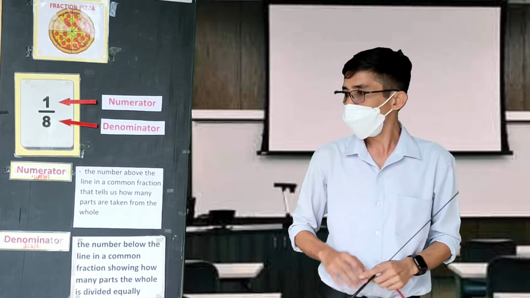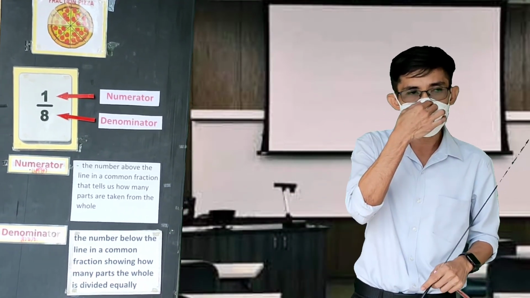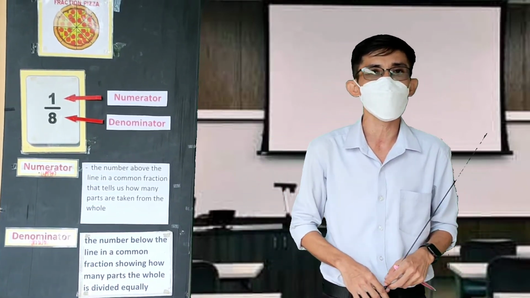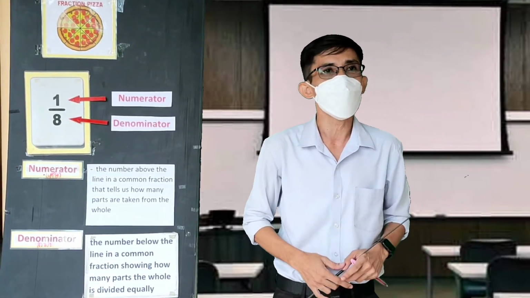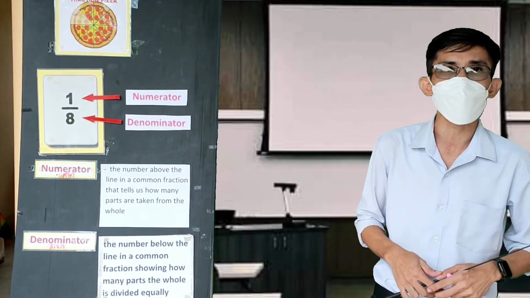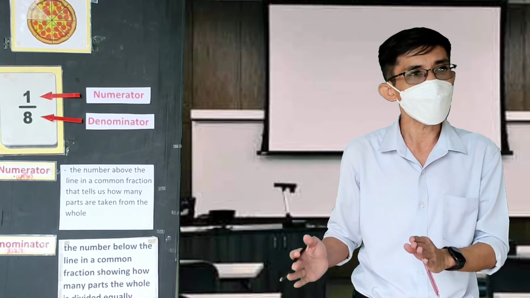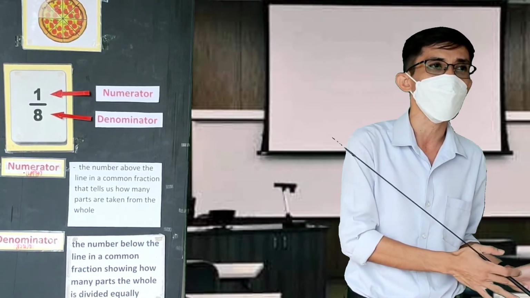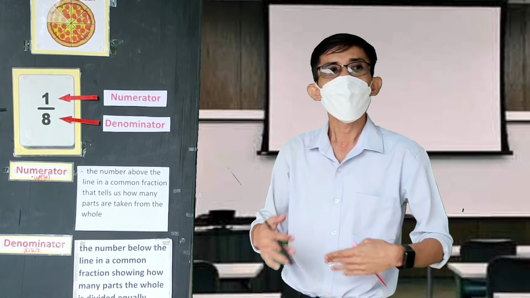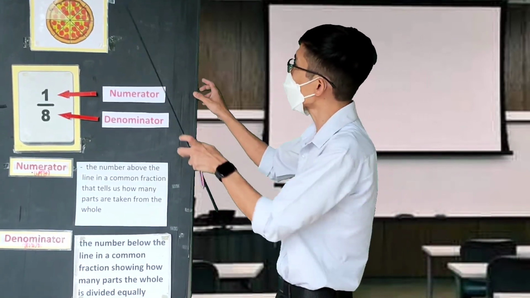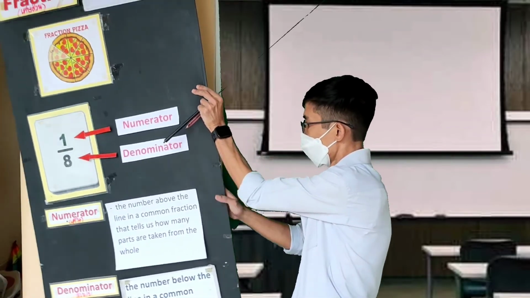Now, as I said, we will continue our lesson today about fractions. In our lesson today, we are going to discuss converting an improper fraction to a mixed fraction or mixed number, and vice versa, or the other way around. But before that, let's review first.